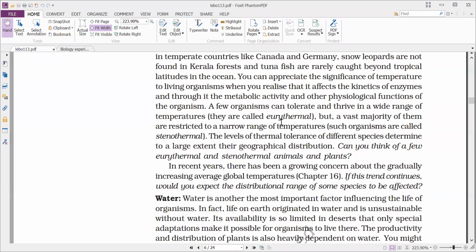These enzyme activities are mainly meant for driving different metabolic activities, which in turn determine the physiological functions of an organism. And these enzymes work in a narrow range of temperatures.